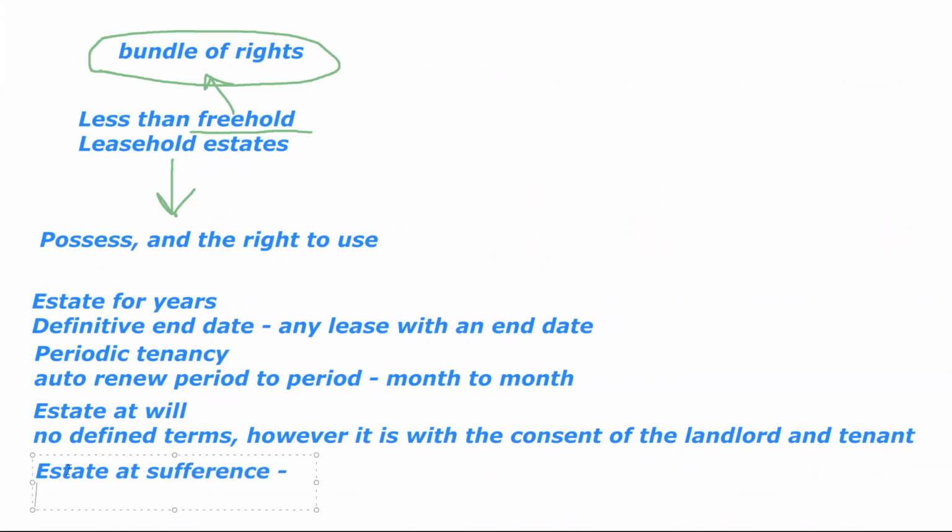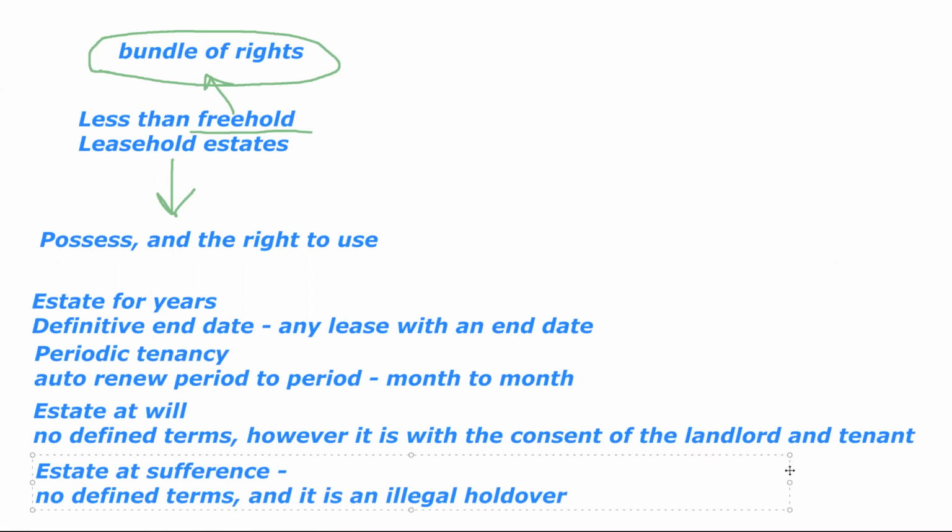This is like an estate at will. There are no defined terms. And it is an illegal holdover. Meaning that the landlord is suffering. That's what I always say. I say the landlord is suffering in this, okay? And the landlord typically wants them out, okay?